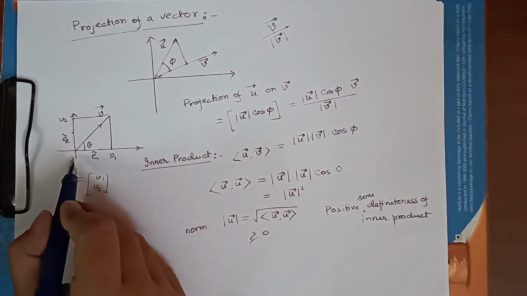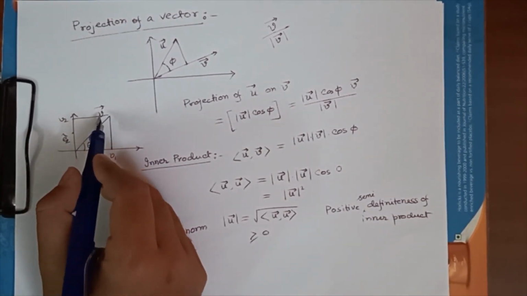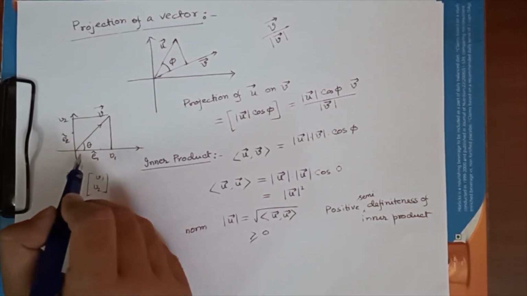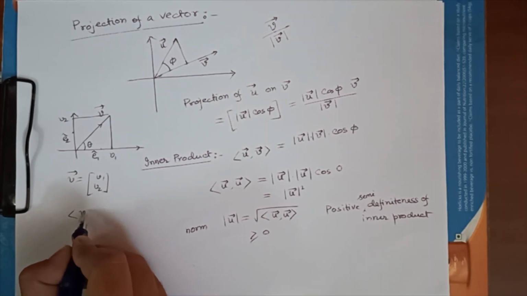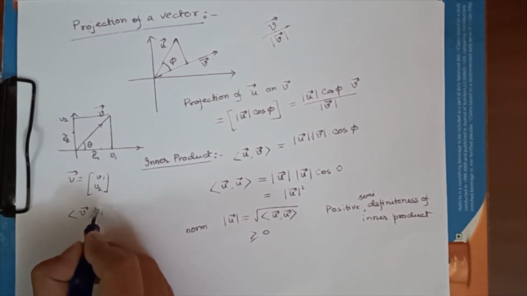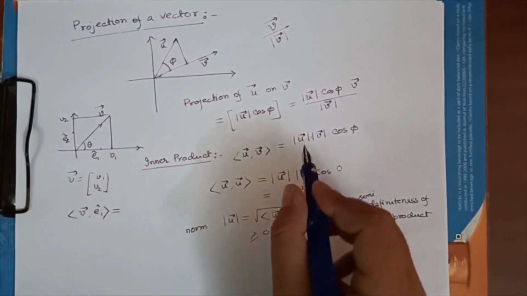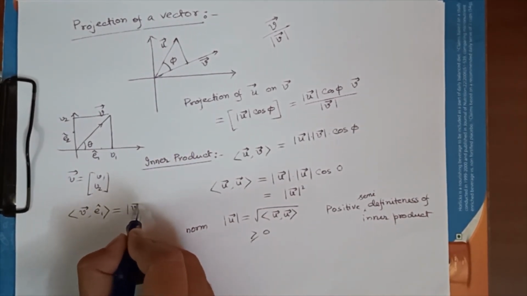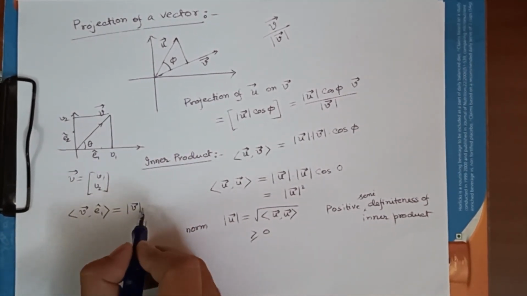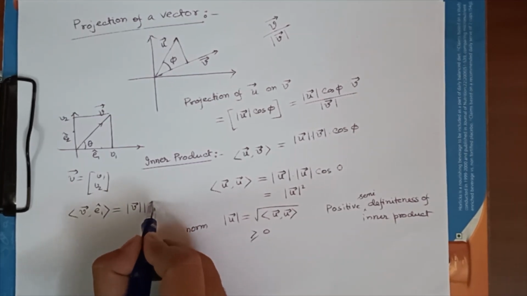So basically we have to compute the inner product between this and this, then we will come to this point. So what is the inner product between V and E1? From the formula, it is basically the length of the vector V into length of vector E1. What is E1 length?